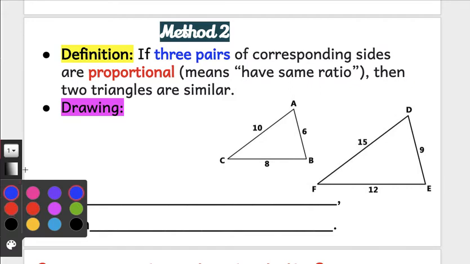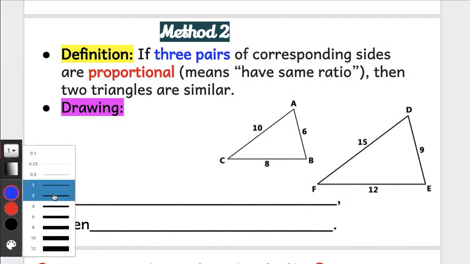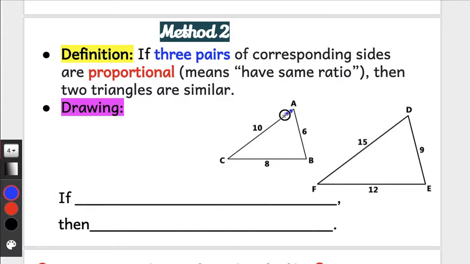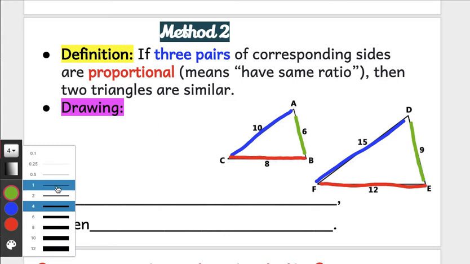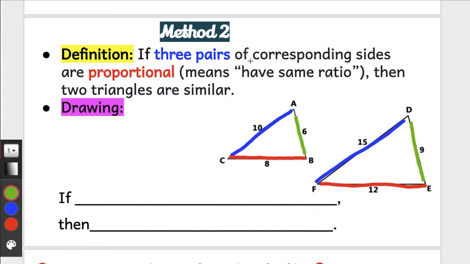For example, let's use a blue one. This is the matching side, 10 to 15, and 8 is matching to 12. Last, let's use green. So 6 is matching to 9. The reason I want to use different colors is to show you the corresponding sides. So the keyword here is corresponding sides.